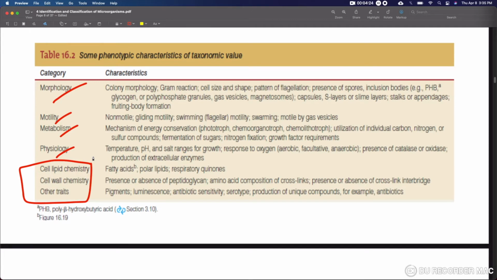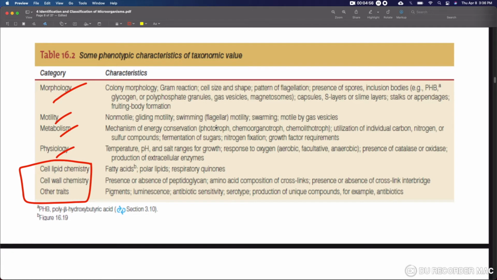Usually, we ask the question, what fatty acids are in their cytoplasmic membrane, and how much of those fatty acids are present. Different fatty acids are composing the outer covering of your microorganism, and of course the other macromolecules in that cytoplasmic membrane. So those are some phenotypic characters of taxonomic value.